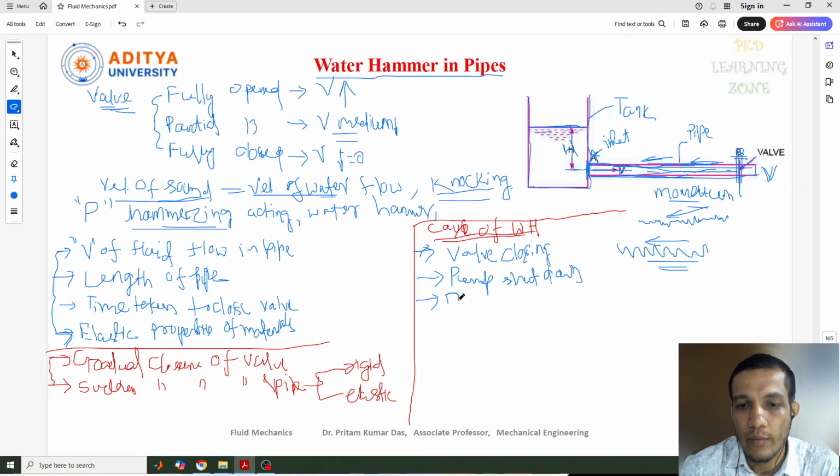So one more reason is direction of fluid flow. These are the main points actually. And one more is also there, high water pressure. These are the points which cause the water hammer.